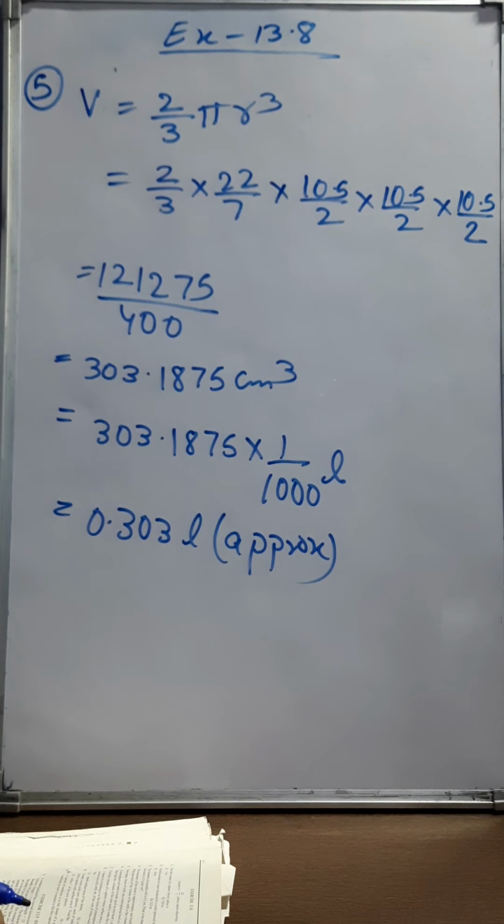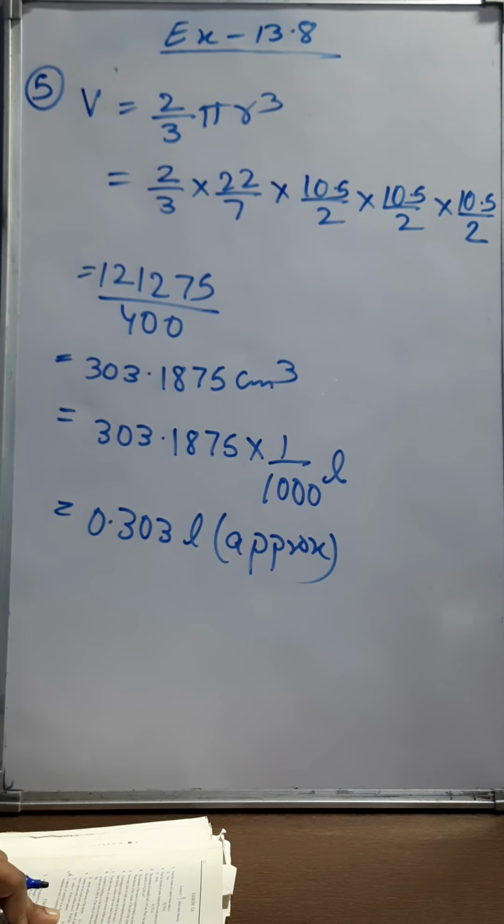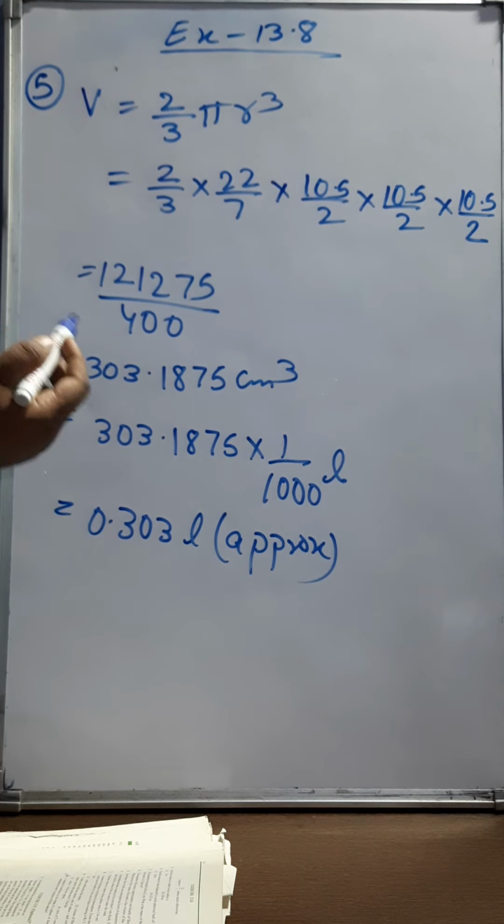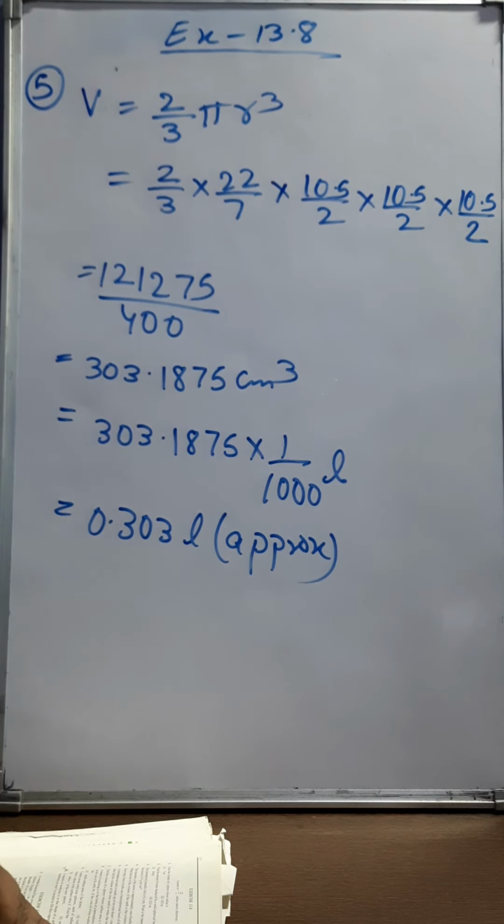Question number 5 says, how many liters of milk can a hemispherical ball of diameter 10.5 centimeter hold? Since it is hemispherical ball, we will apply the formula of hemisphere, which is 2 by 3 pi r cube. Radius is given 10.5 by 2 as diameter is given 10.5.